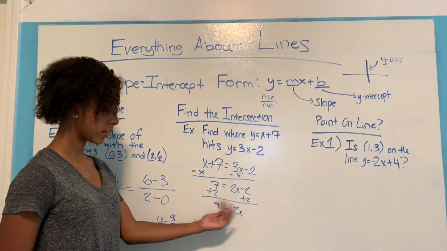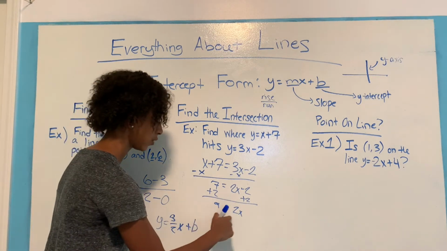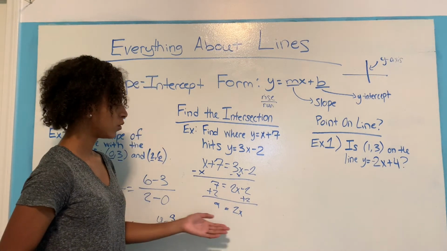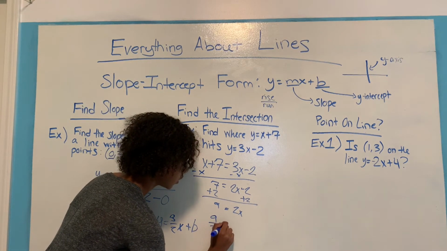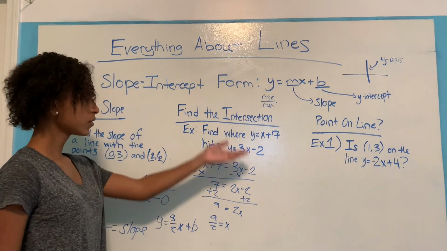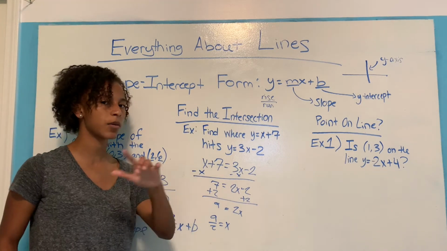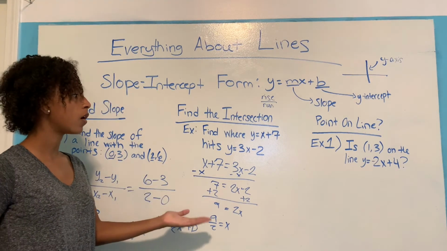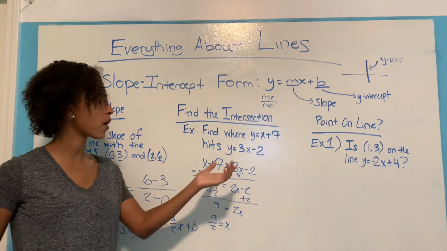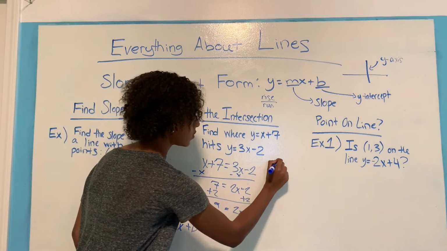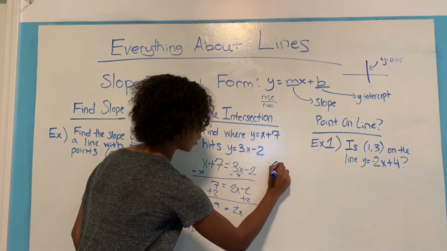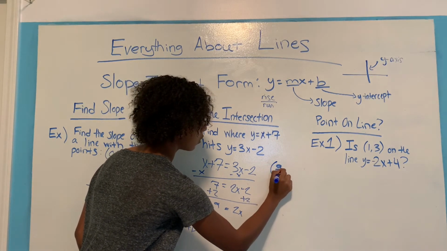To get x alone, you divide by 2 on both sides, and that's when you get x equals 9 over 2. So that's the x value. That represents the x value of the point where these two lines hit each other. I'm going to write that off to the side here, 9 over 2.